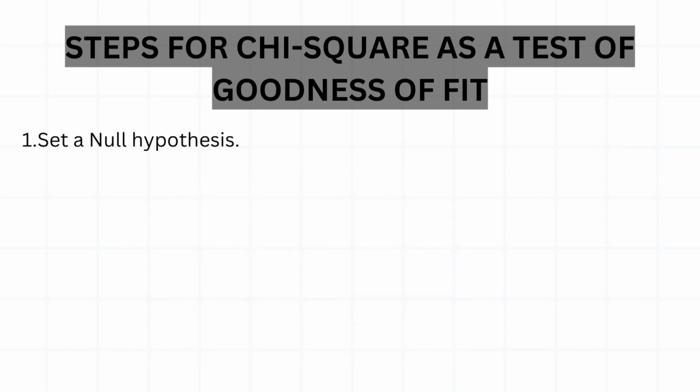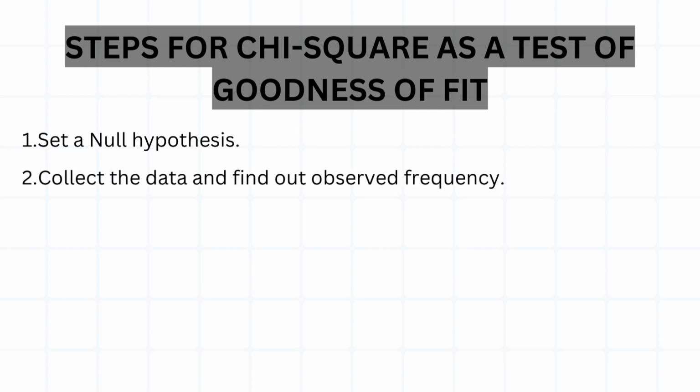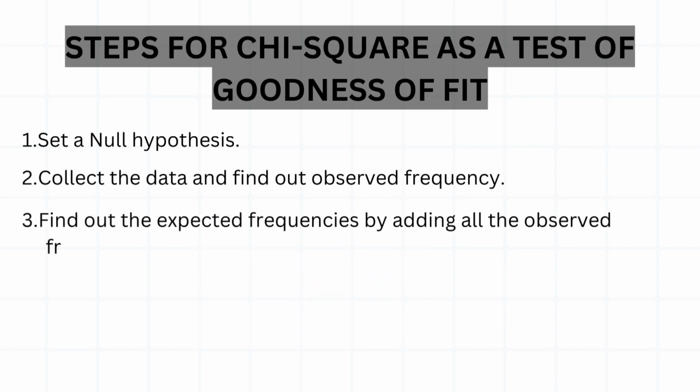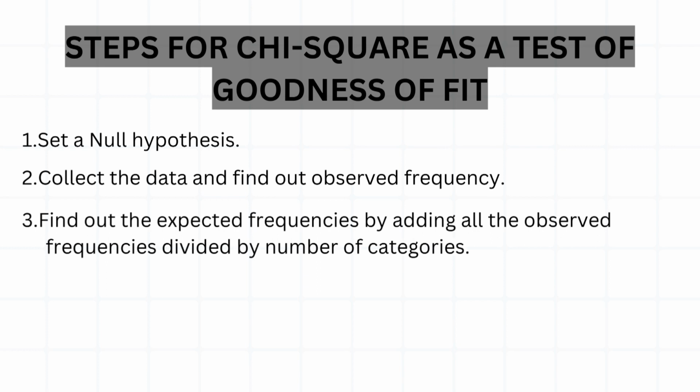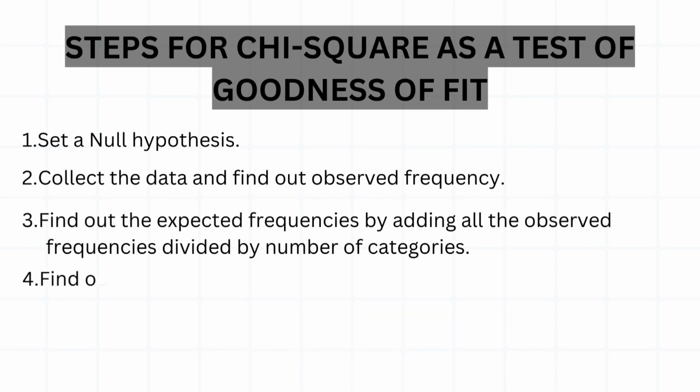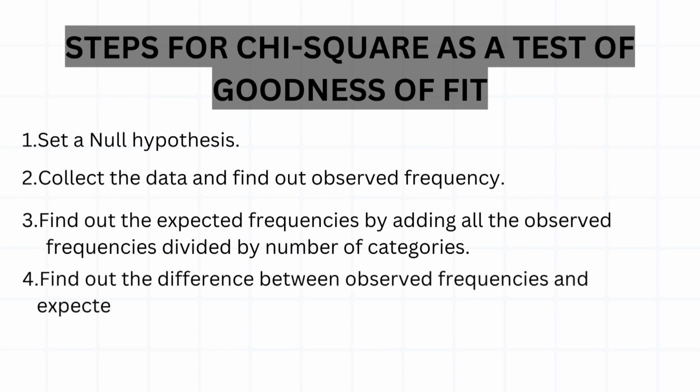Second step is to collect the data and find out the observed frequency. Third step is to find out the expected frequencies by adding all the observed frequencies divided by the number of categories. Fourth step is to find out the difference between observed frequencies and expected frequencies. We call it FO minus FE.